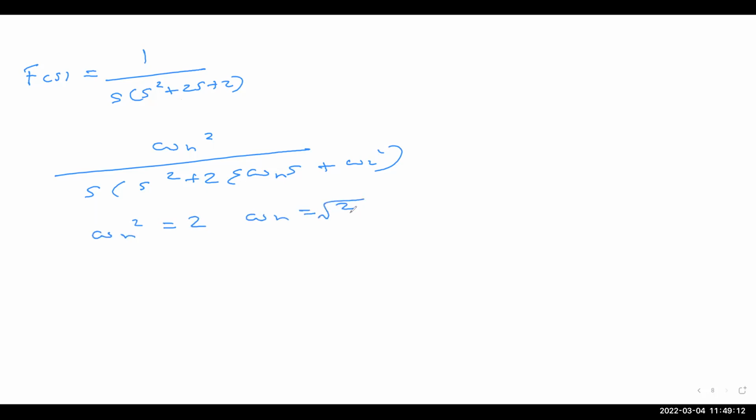Quite simple. And then 2 zeta omega n is equal to the 2s coefficient, which is 2. This zeta is what we call the damping coefficient.